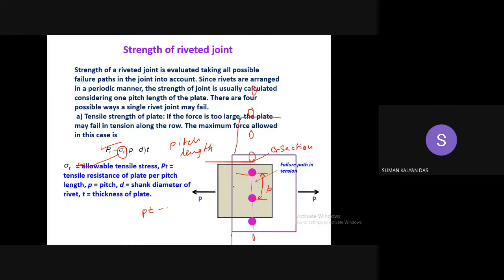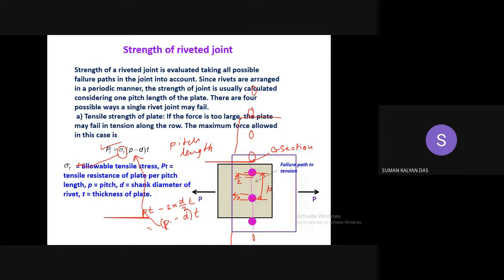There are two halves, each d by 2, isn't it? So d by 2 is subtracted from the top as well as from the bottom. 2 into d by 2 into t. So if you calculate this, this is p minus d into t. So that is what is actually written over here. This is the area which is supporting the load considering one pitch length.